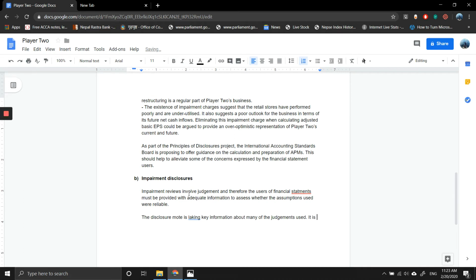It is very generic and does not provide information that is specific to RAP's impairment review, right? Sort of copy paste kind of thing. So let's talk about CGU first of all, cash generating unit.